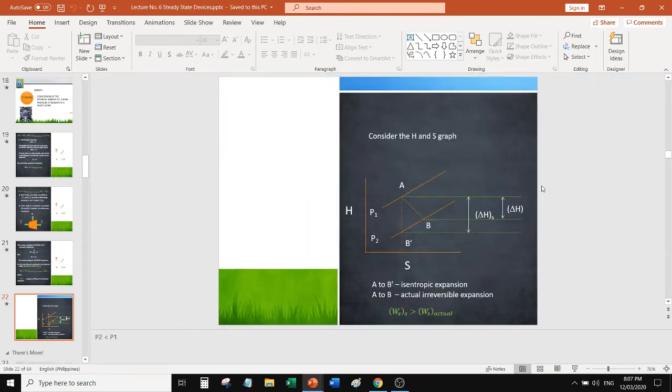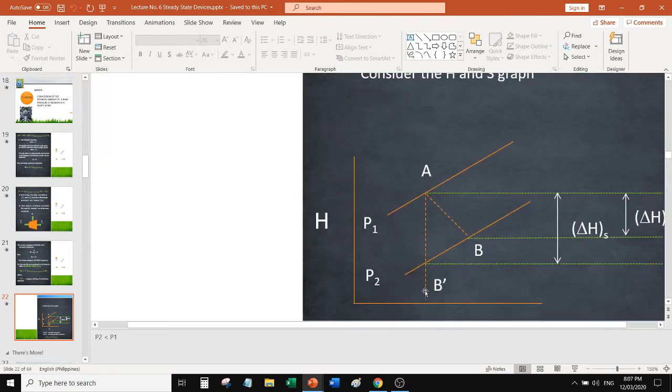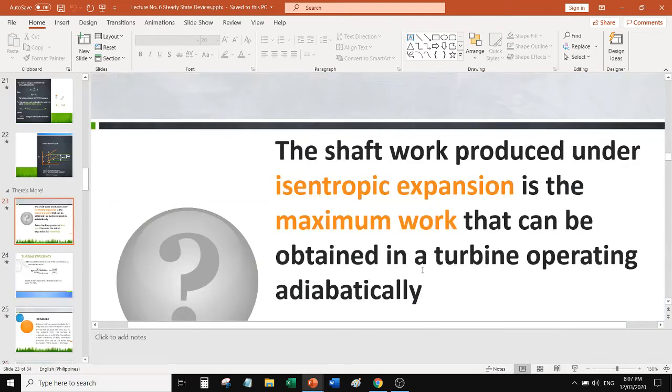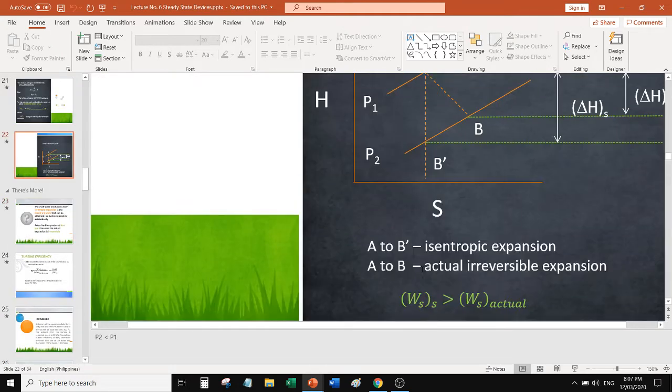Therefore, since delta H sub S is equated to work shaft S, and delta H actual to work shaft actual, the isentropic work shaft is greater than the actual work shaft for a turbine.